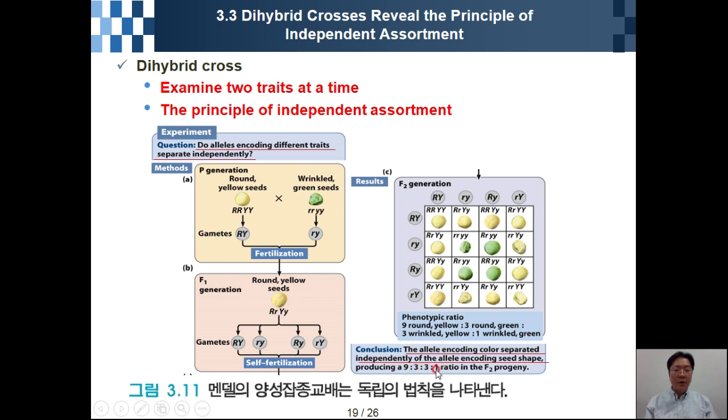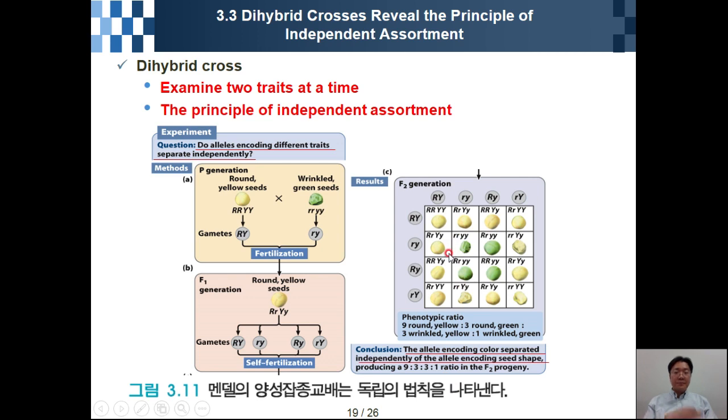The 9 means round and yellow, the first 3 means round but green, the second 3 means wrinkled but yellow, and the 1 means wrinkled and green, like this.